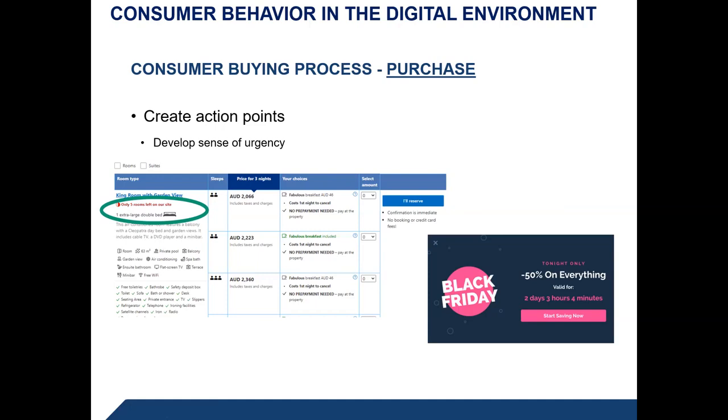However, I'm going to tell you on this point that firms have to be very careful how they are creating this sense of urgency. A couple of years ago, Kogan was under fire, and they had to pay fines for creating this sense of urgency on a false basis.